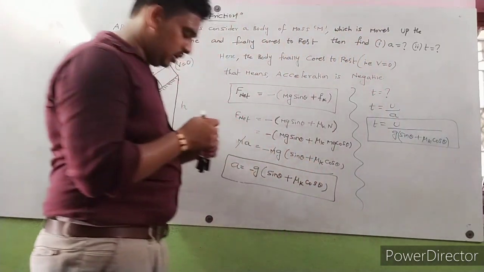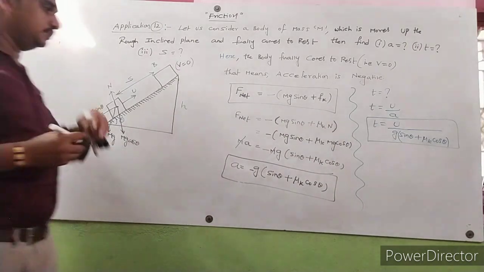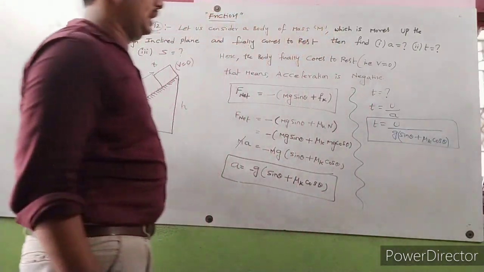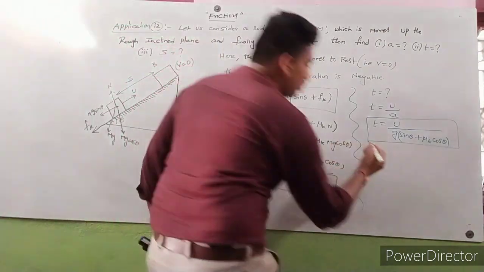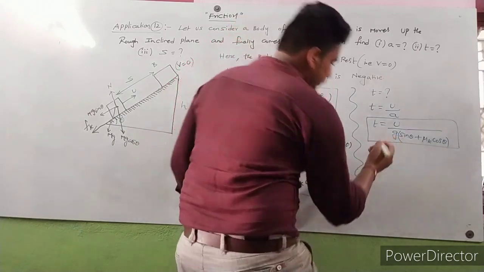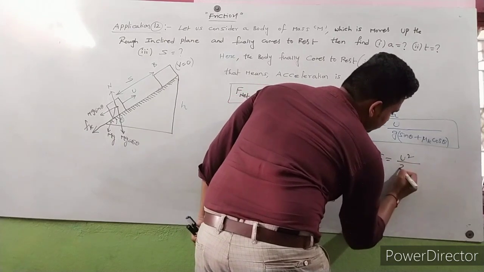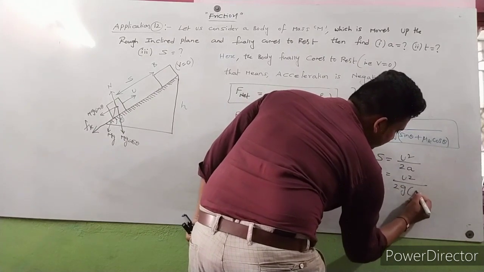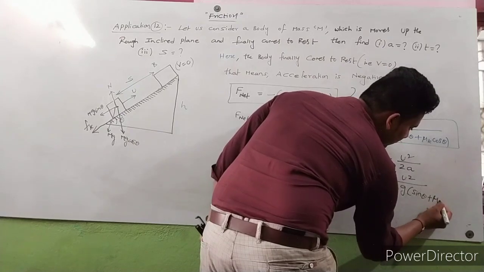Time we got. Then the s value. How do we get s? Using v square minus u square is equal to 2as, so s is equal to u square by 2a, that is u square by 2 into g into (sin theta plus mu k cos theta).